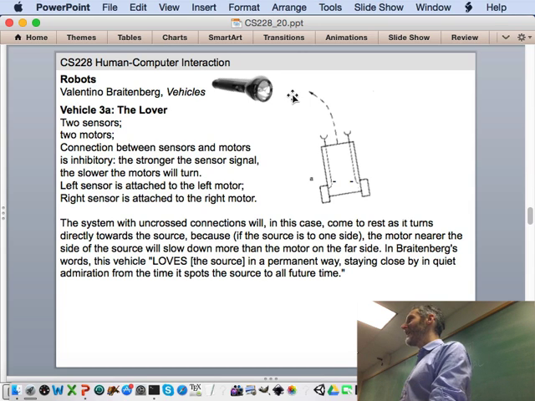Does vehicle 3A love? Of course not, right? Why would such a respected scientist use such loaded language? It's ridiculous, right? Obviously, this machine doesn't love or hate or is fearful or is stupid. That's ridiculous, right?